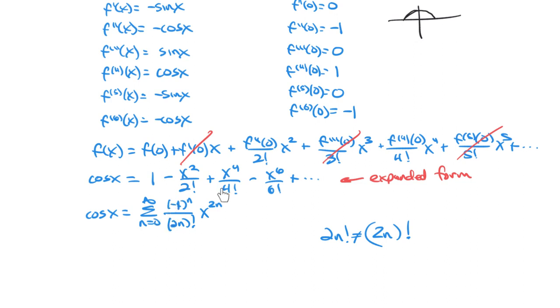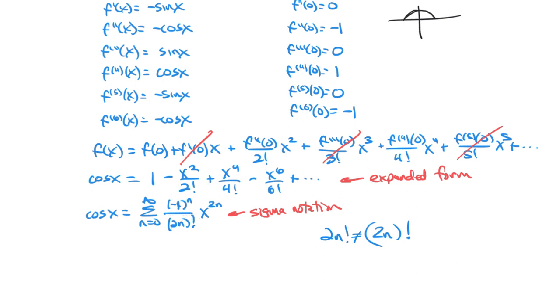You plug in a 2, you'll get the next term here. So these are equivalent. This one is just called sigma notation. Okay, so there's the expanded form of cosine of x, and there's the sigma notation of cosine of x. They're exactly the same.